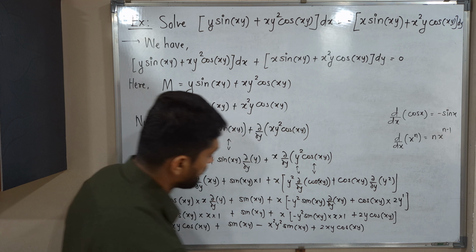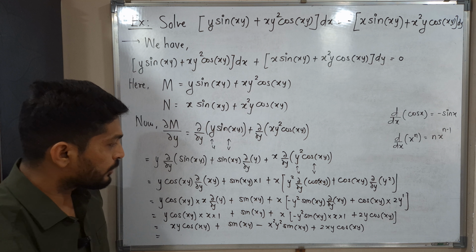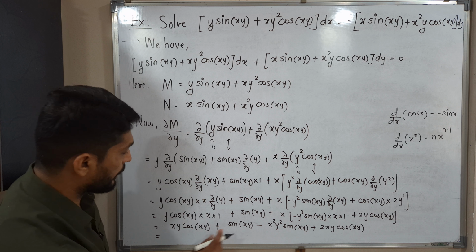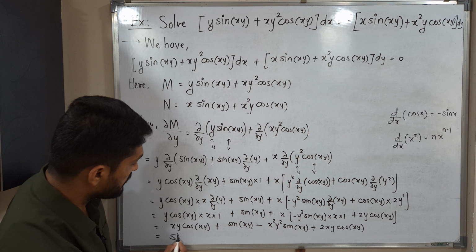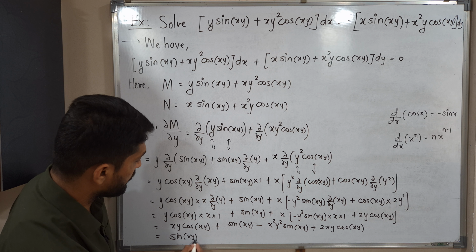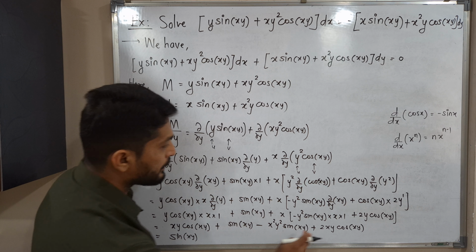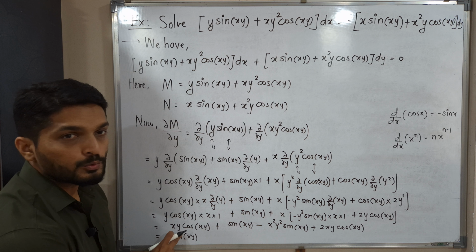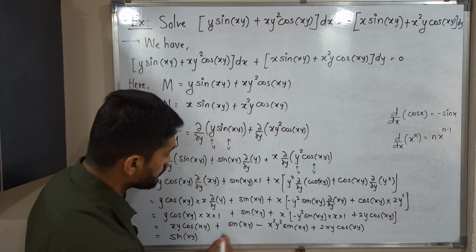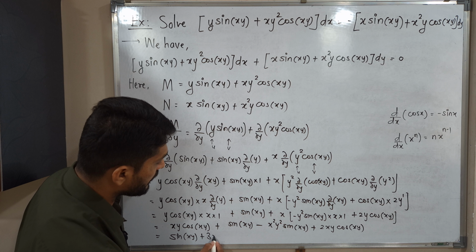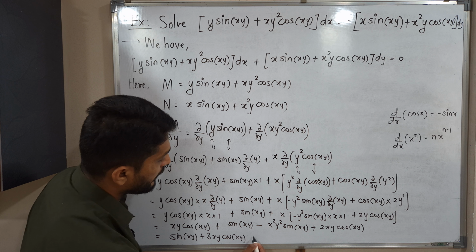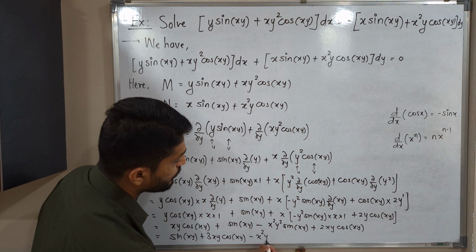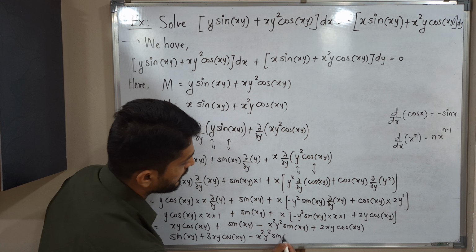Let me write what we have: sin xy, xy cos xy plus 2xy cos xy. See, both terms are the same, just one appears one time, the other appears two times. 1 plus 2, total 3 xy cos xy and this minus x square y square sin xy.